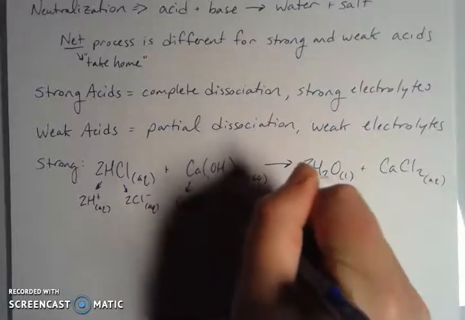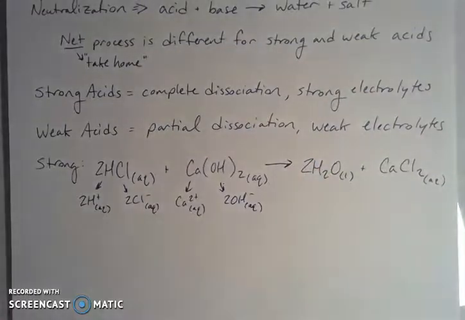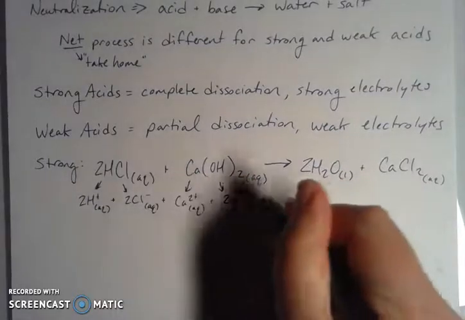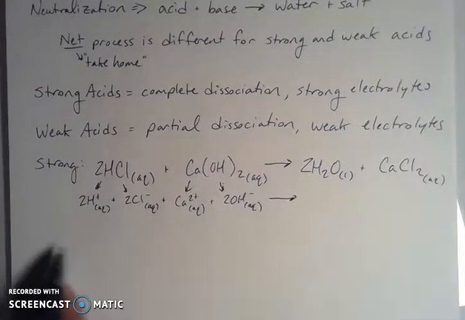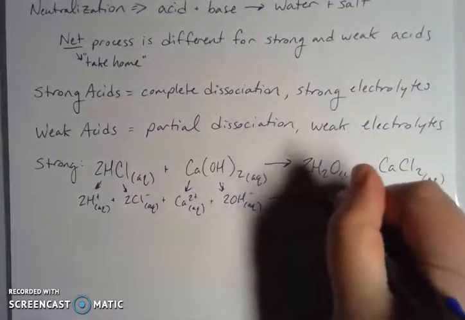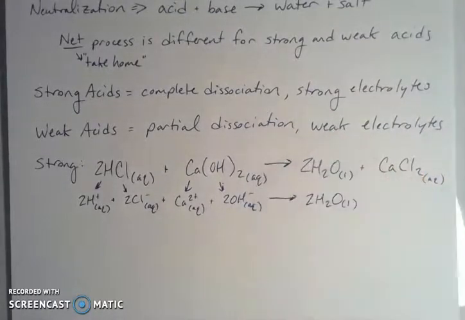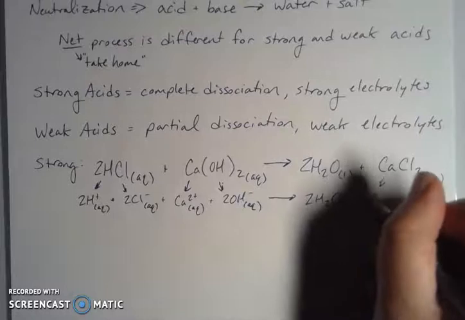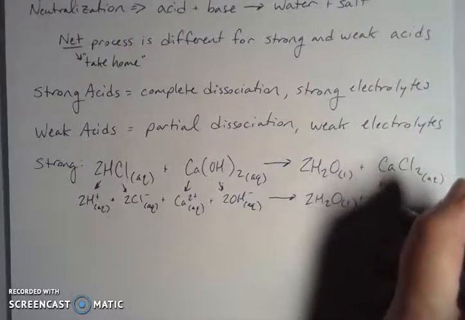And I know I can separate them because of the form that they're in. Aqueous means that they're surrounded by water molecules. They're dissolved in there. So my total ionic equation is going to be the sum of all these ions that are swimming around in solution. Now, a liquid is going to stay as a liquid, right? That's not going to dissociate. It's a molecular compound. And then, again, I have an aqueous compound, so this guy's going to separate into its component pieces.